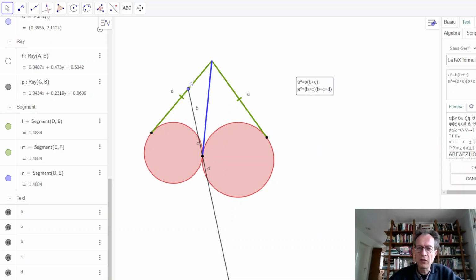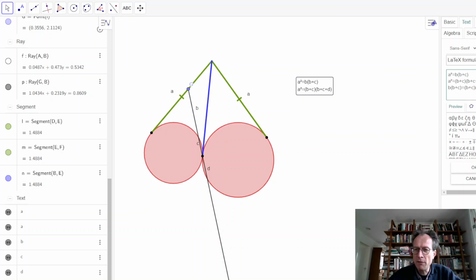Well, obviously what we're going to do is get rid of the A squared. So we equate them. We have b times b plus c equals b plus c times b plus c plus d. It's very easy. Now left and right we have b squared terms, so we can get rid of those, and we have bc terms, so we can get rid of that one too.